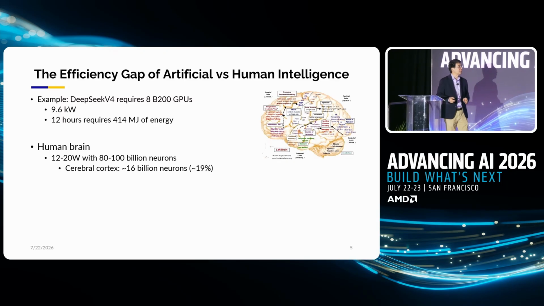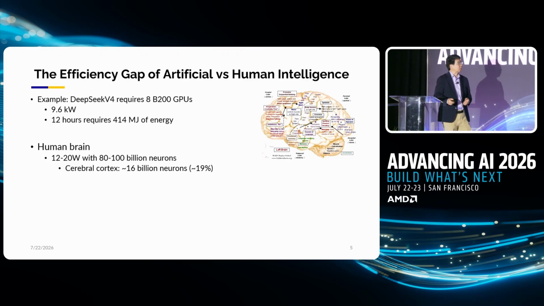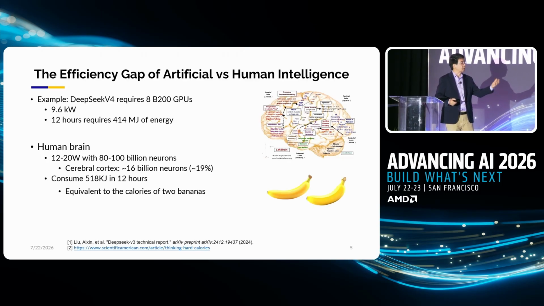Only about 16 billion neurons in the cortex are actually for intelligence. So if you calculate 12 hours, that's about 500 kilojoules. It can be powered by 2 bananas. So the difference is huge, right? That's probably what some of you had for breakfast.